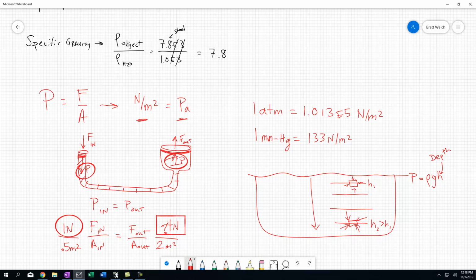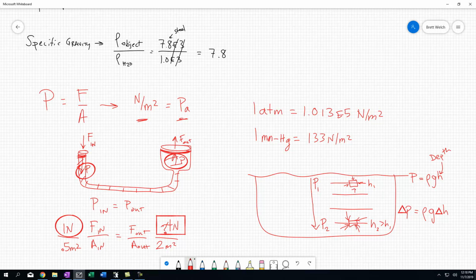But the key here is that there is a pressure difference between the first case and the second case. The only thing that changes from one spot to the other is the height. And so we can talk about the pressure difference between these two places as rho times g times delta H.